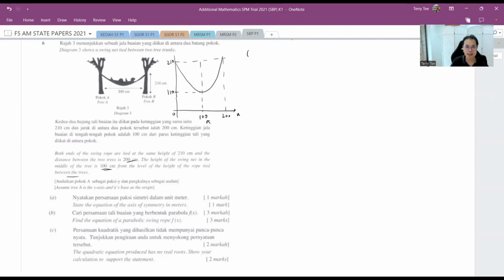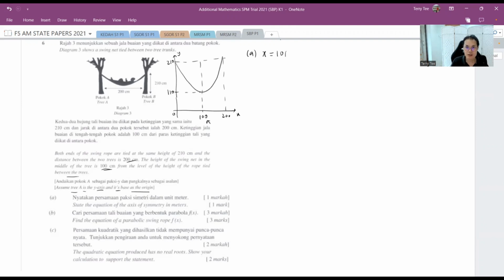Axis of symmetry is a line that divides the graph into 2 equal halves. So for your axis of symmetry, the question already asks you to assume the tree A is the y-axis and the base is at the origin. So that means we can map it like this. That is your Y, this is your X. All right.